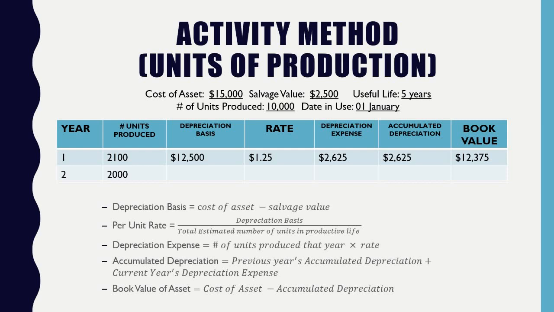So in this case, what is going to be my depreciation basis? All right, depreciation basis is still going to be your asset cost minus salvage value. 12,500. What about my per unit rate?